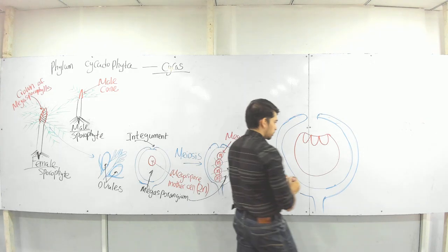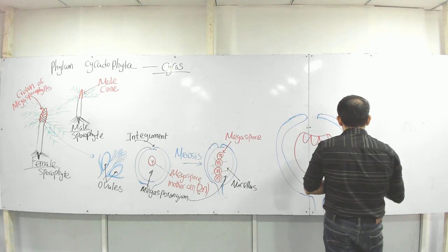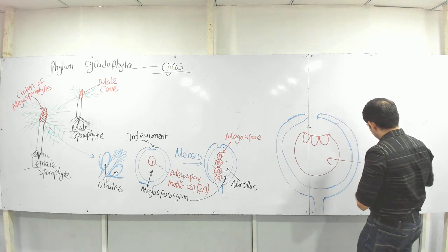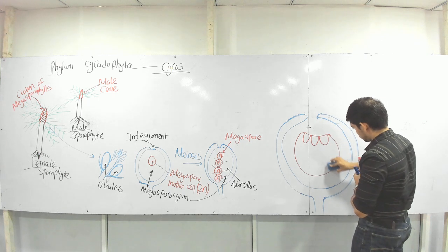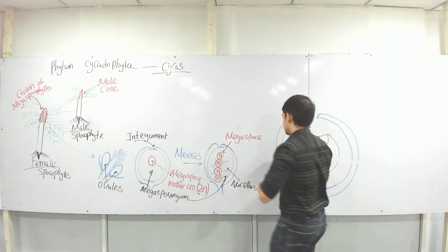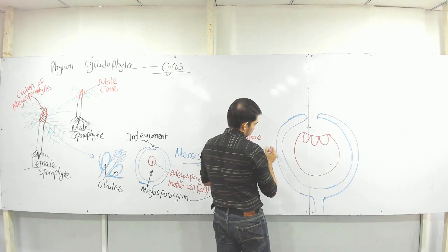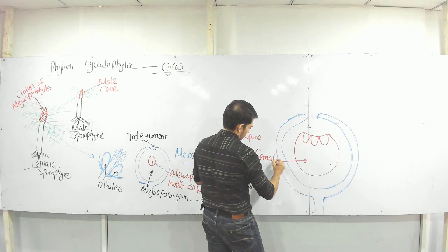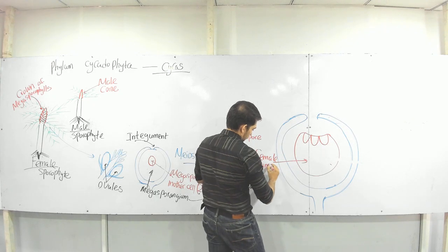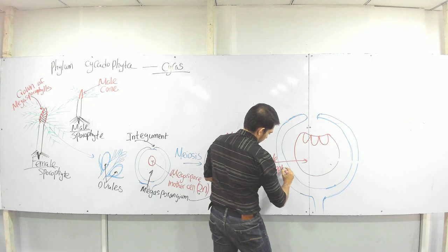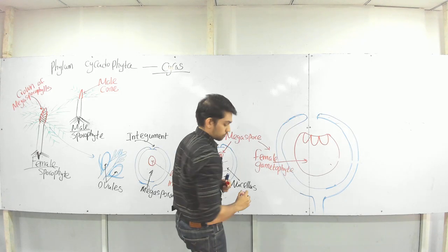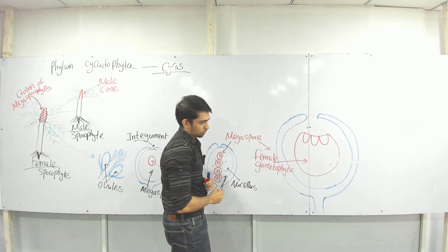Female gametophyte has reproductive structures called archegonia. So this is the female gametophyte that came from what? Megaspore. Right. Female gametophyte which came from the megaspore. Okay.